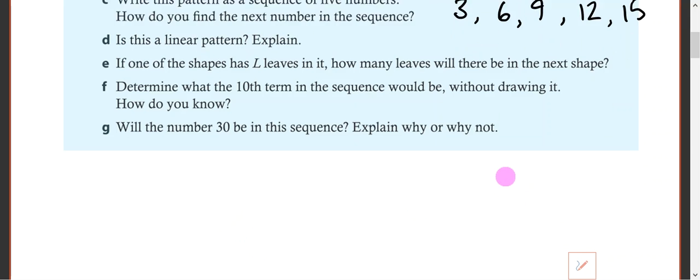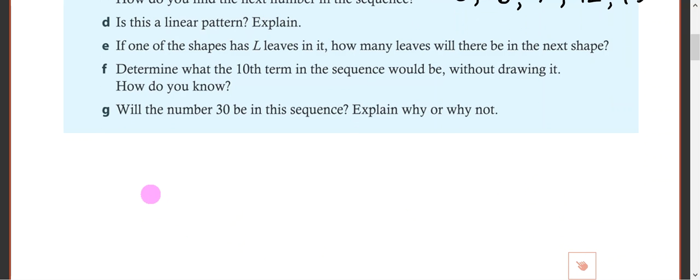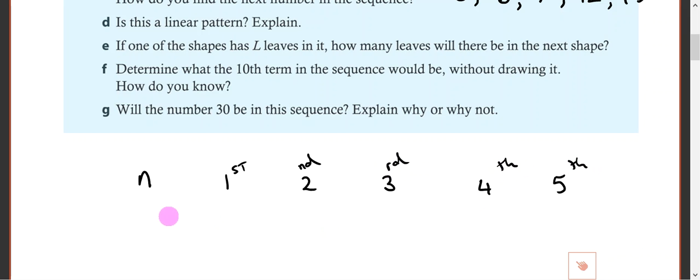Now, I went a little bit further before, which is when we said n is 1, 2, 3, 4, 5. That means the first number, the second number, the third, the fourth, the fifth, and so on. And the number is, well, we had L for number of leaves, yeah?